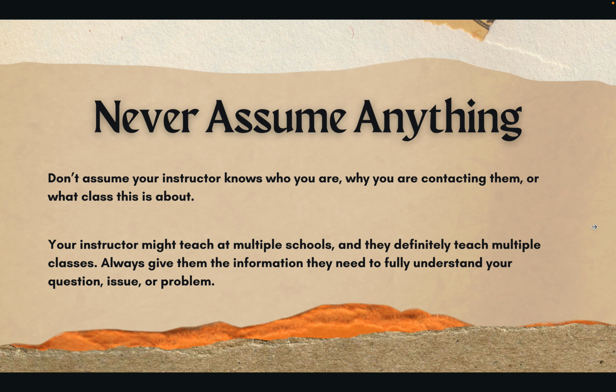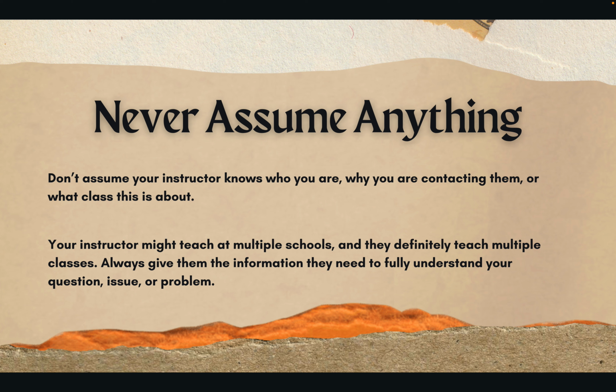Okay, first things first. Don't just jump in there and assume that the professor knows who you are. It doesn't matter if your professor is an adjunct professor, if they are fully tenured, if they've taught at the school for 1,000 years, it doesn't matter. They don't know necessarily who you are, what you want, what class you're talking about, any of that stuff.